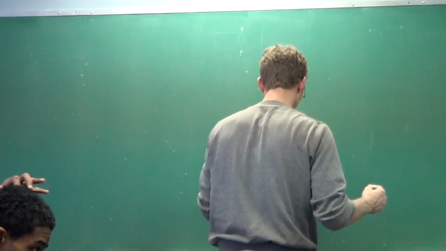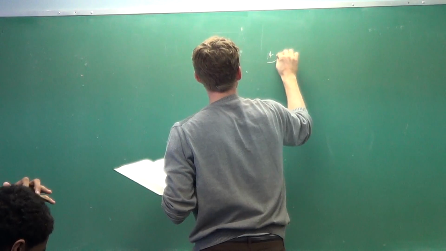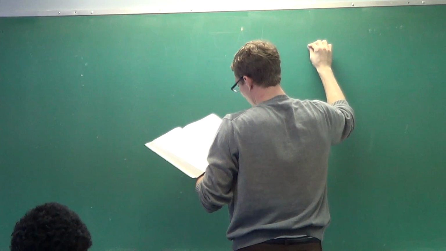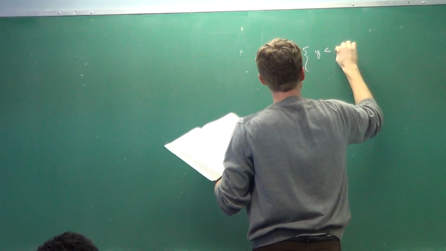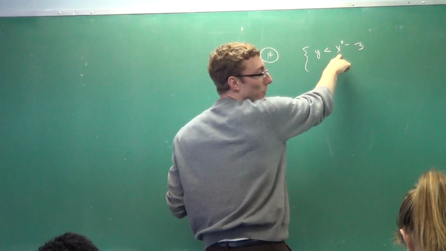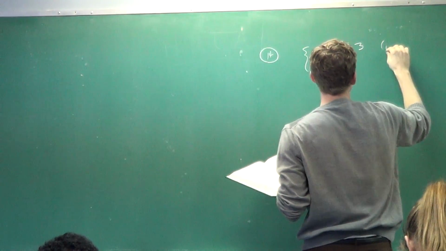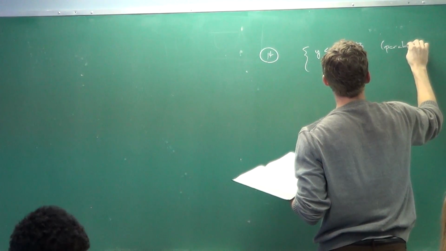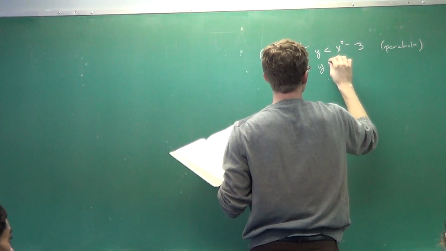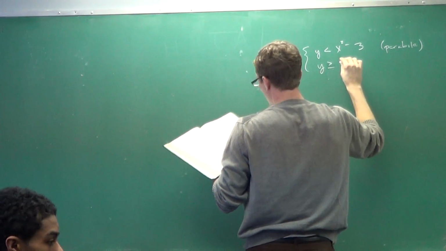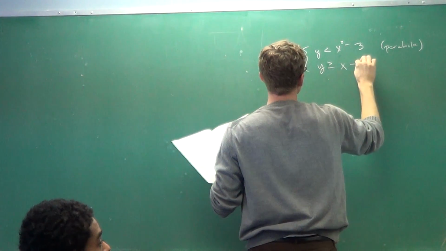When I was reading it, I didn't understand how it would be underneath the line, but also above the line. Okay, so we're less than x squared minus 3. The x squared one is the parabola. We're also greater than or equal to the line.